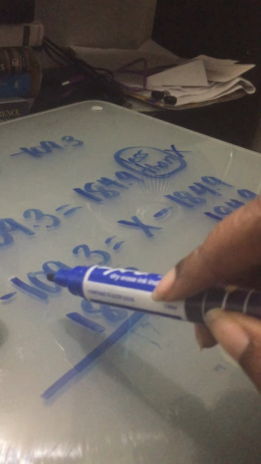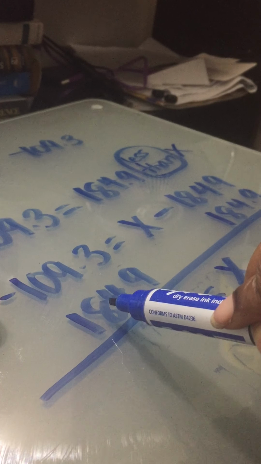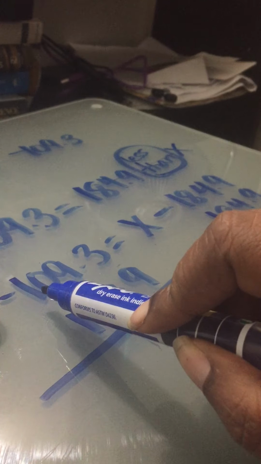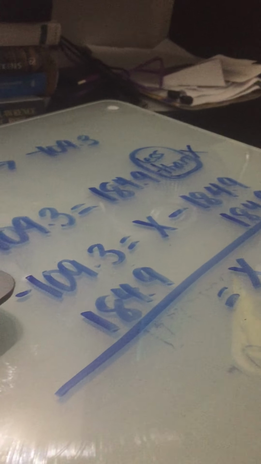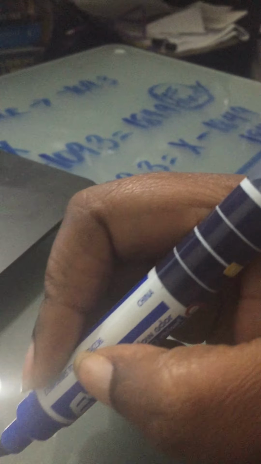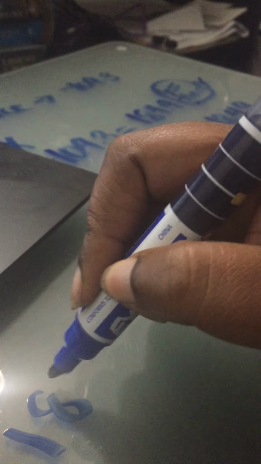So now we have 184.9 plus a negative 109.3. In order to find X, we're going to add these two together.